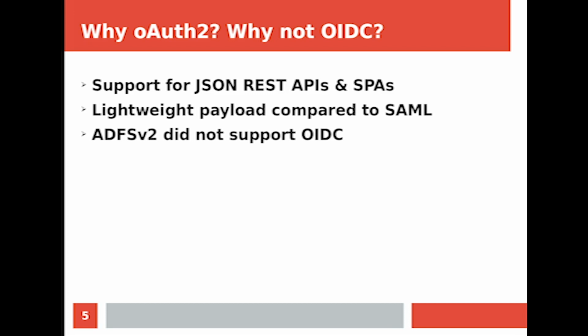ADFS comes with support for SAML-based authentication, and SAML is quite verbose, built on XML, and configuring it was easy, but making it work with web-based applications and REST APIs was not very easy, and so we chose to use OAuth 2. And OAuth 2 works very nicely with JSON REST APIs and single-page applications.